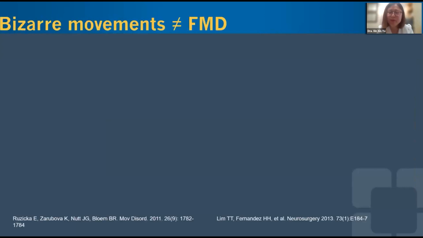I'd like to talk a little bit about some special considerations. It's important to note that bizarre movements don't automatically equate to functional movement disorder, and this is one of the pitfalls. Many organic disorders may have some very unusual or bizarre characteristics, and here are some examples.